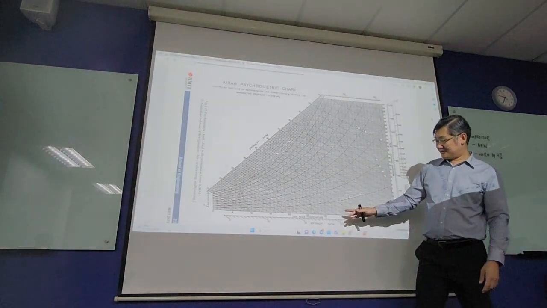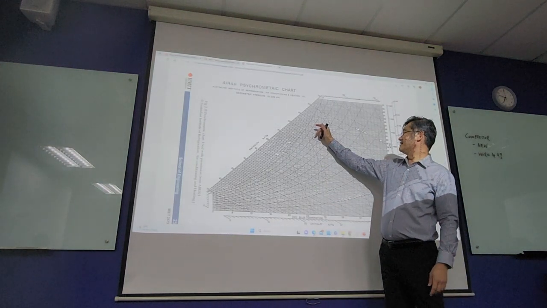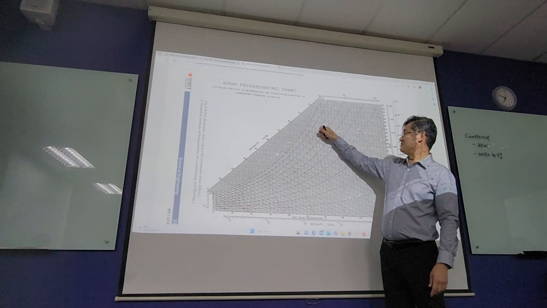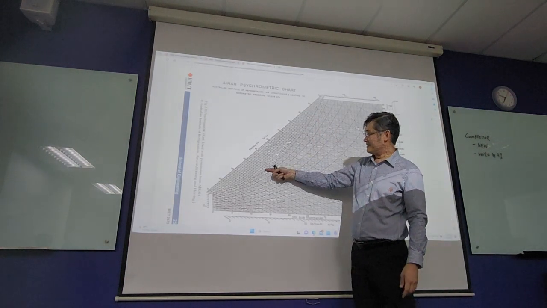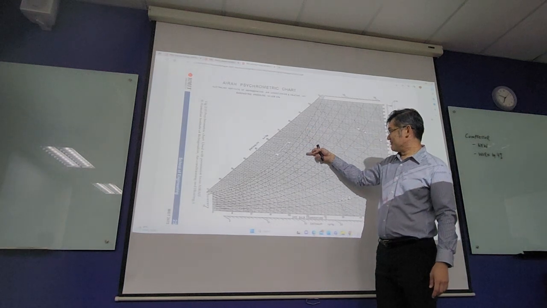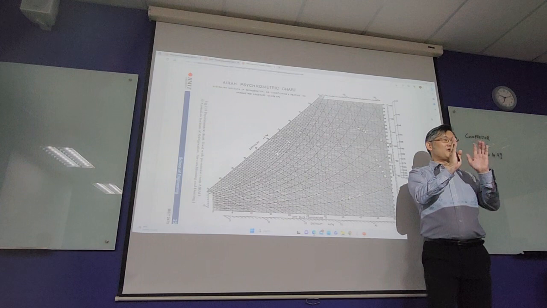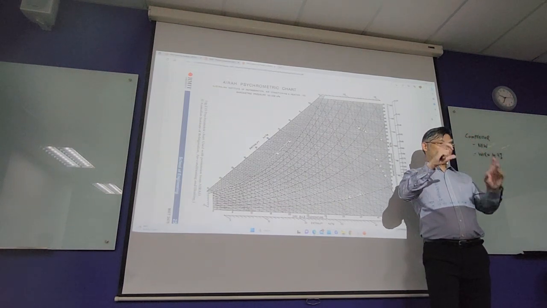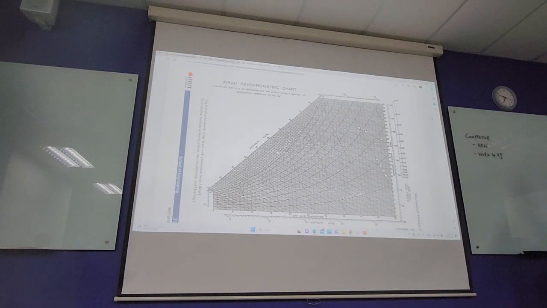So right now, 30 degrees Celsius, you draw a line to 78%, then draw a horizontal line to the 100% line, then draw a vertical line down, roughly 24 to 25 degrees Celsius. If your drink is about that temperature, it will cause water droplets or condensation. This is what we wouldn't want.